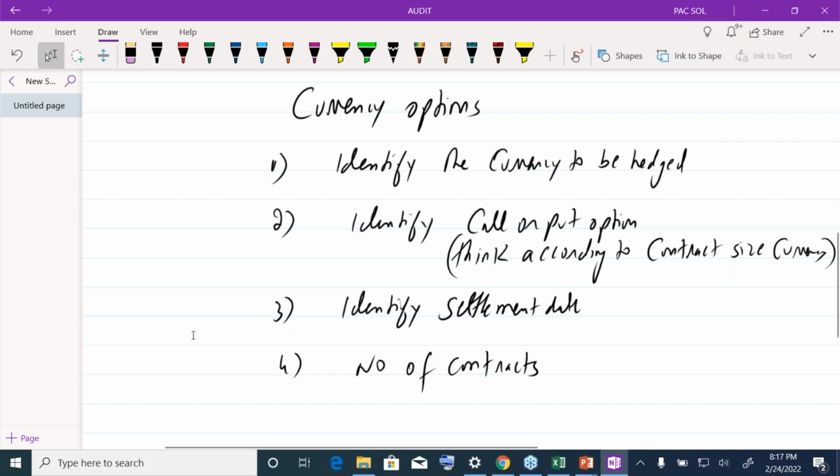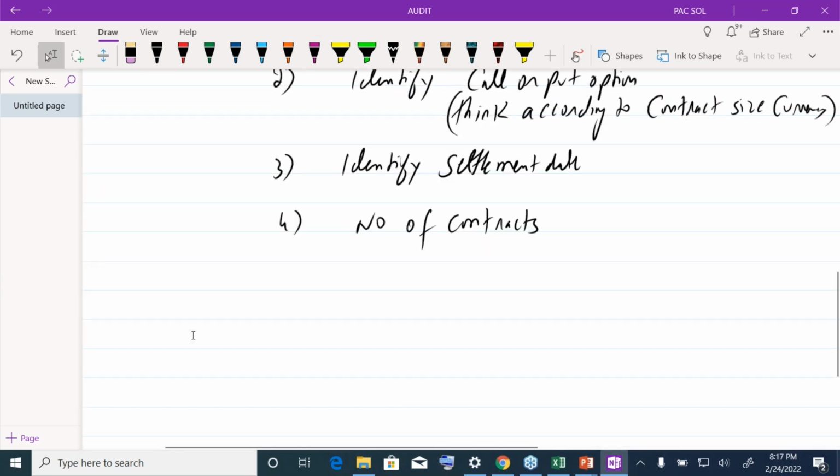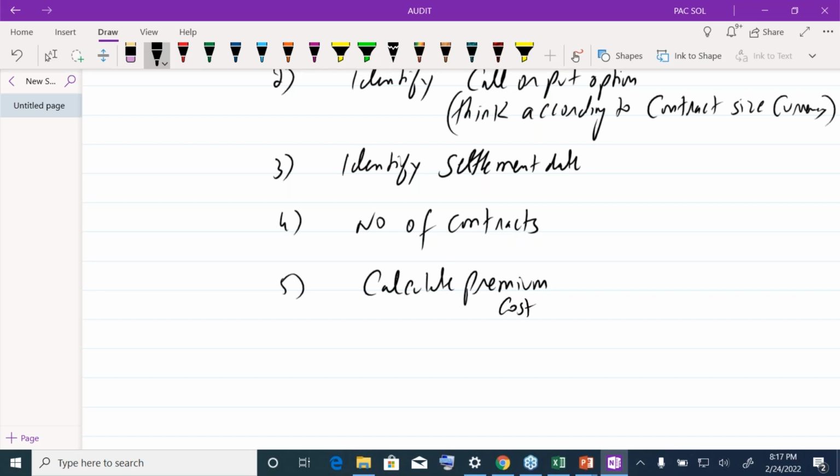Number 5 step, calculate premium cost: number of contracts into contract size into premium.